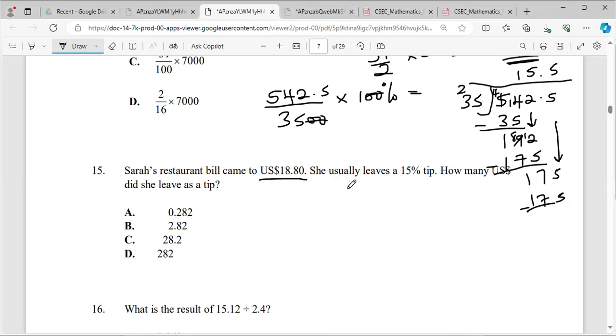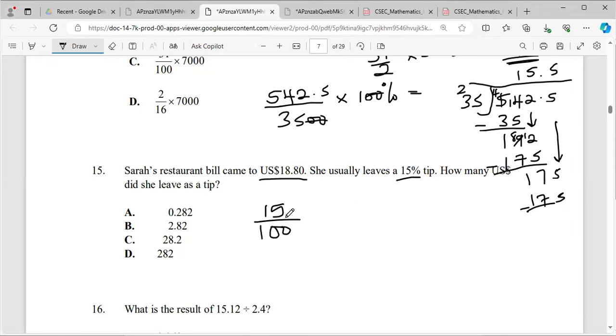So the first thing that you're going to do, sir, is convert 15% by dividing by 100, which gives you 0.15. Let me just show them that here. Guys, percent means out of 100. So it's 15 over 100. Once it's a percent, it's out of 100.